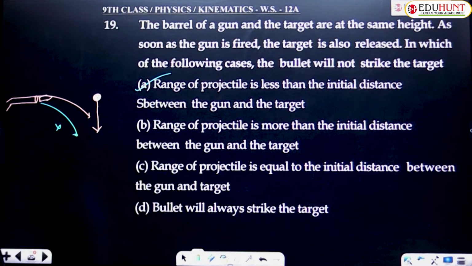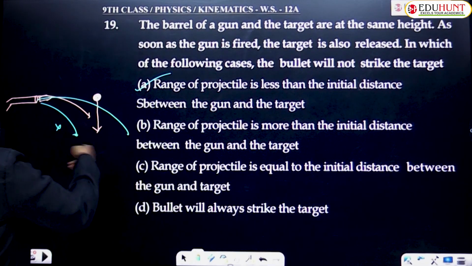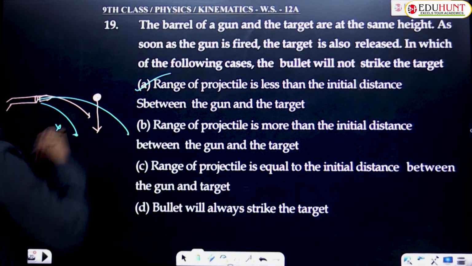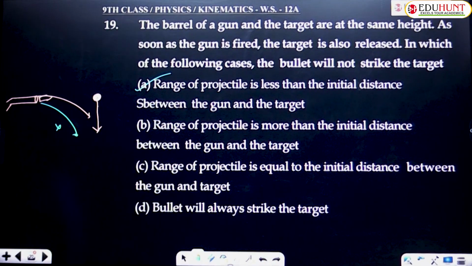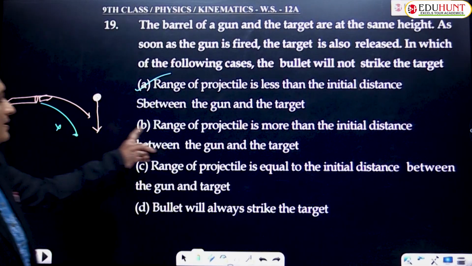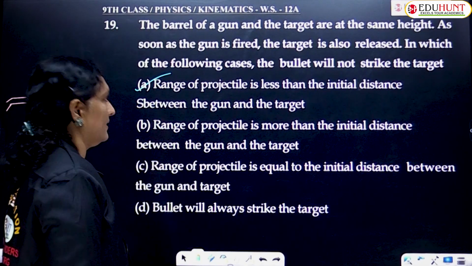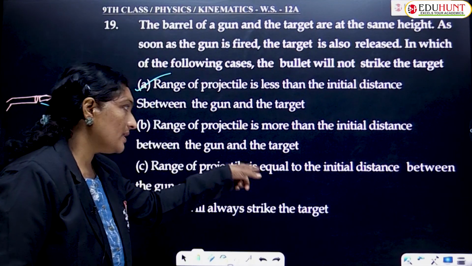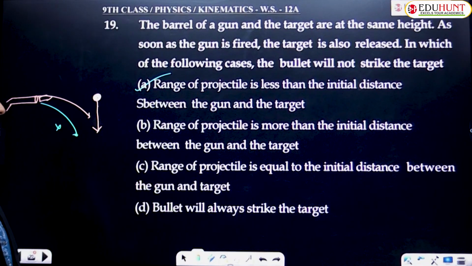Range of the projectile is more than the initial distance. Of course, if its range is more, then definitely it could hit the target. Range equal to the initial distance between the gun and the target can also hit. Bullet will always strike the target? We can't say.